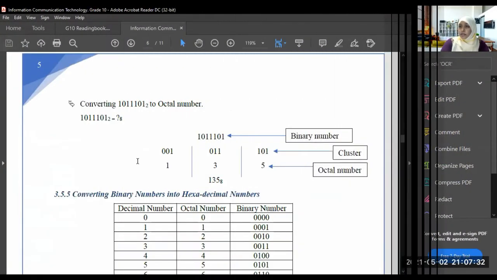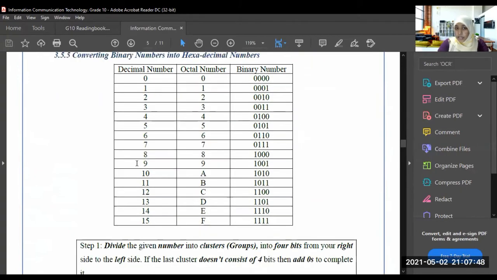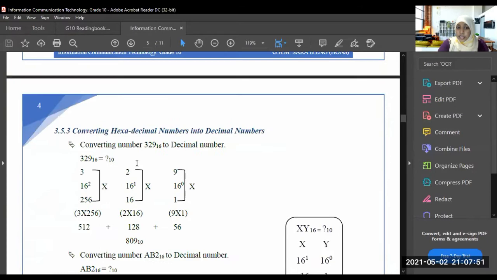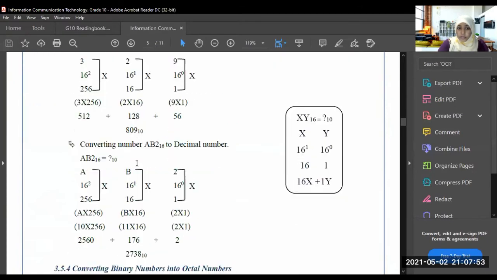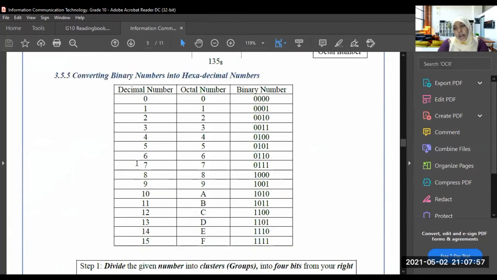Now let's convert base 2 into base 16. How to convert base 2 into base 16? There is a chart again, but in octal it is only 3 bits.